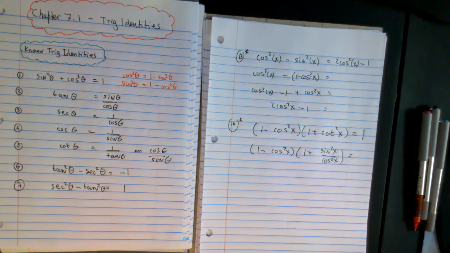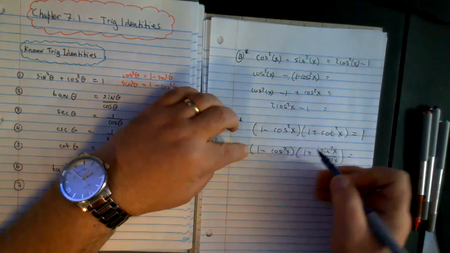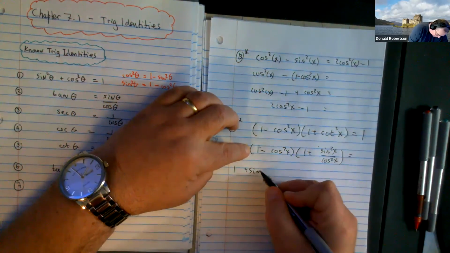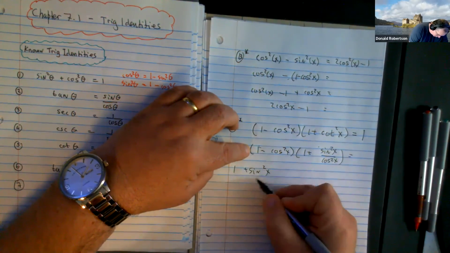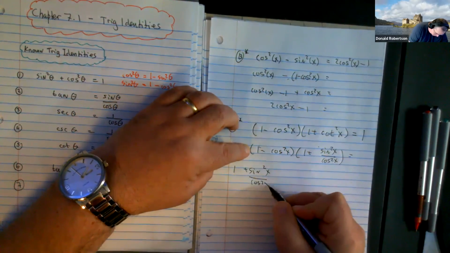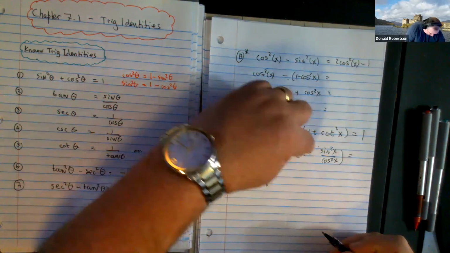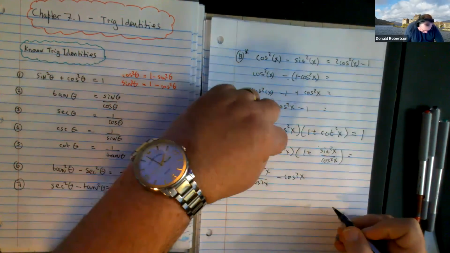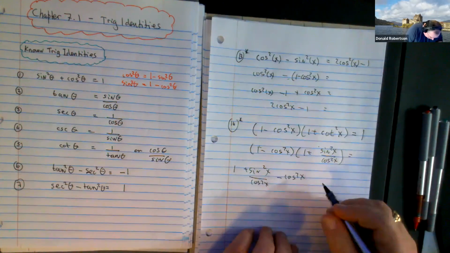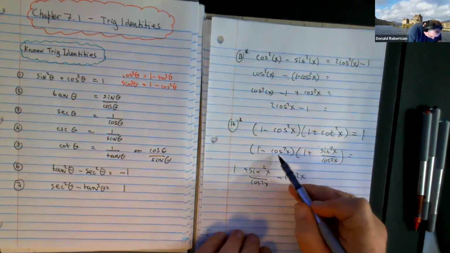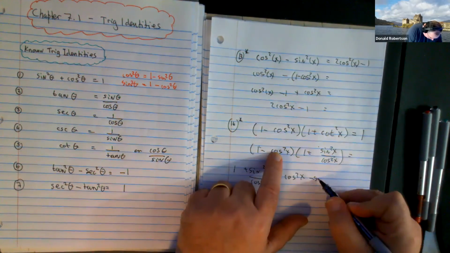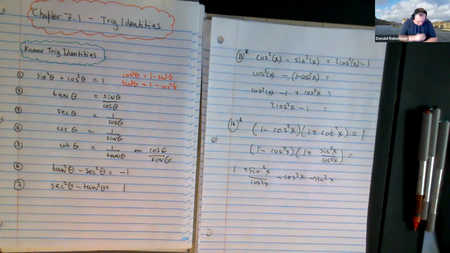Foil. Okay. 1 times 1 is 1. 1 times this is an ugly looking thing called sine squared x over cos squared x. That guy times that guy is negative cos squared x. And this guy times this guy, check that, negative cos squared x. And this guy times this guy is negative sine squared x. Okay.